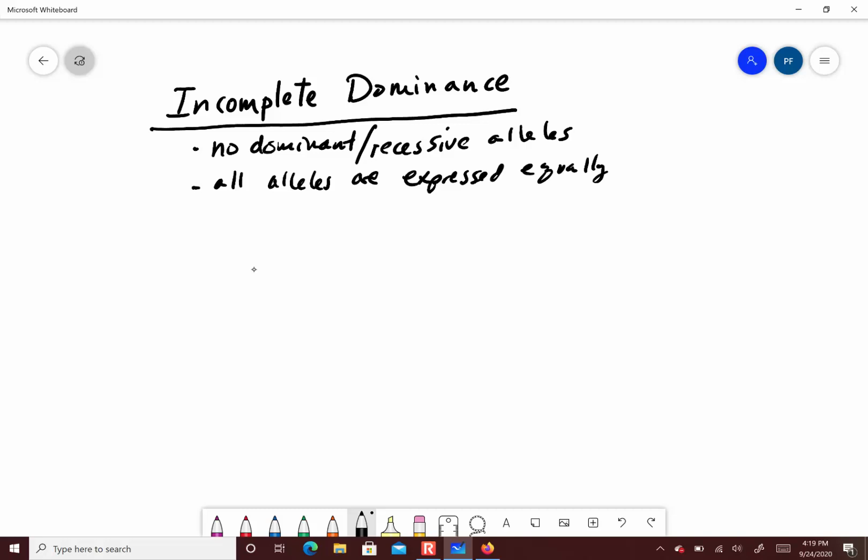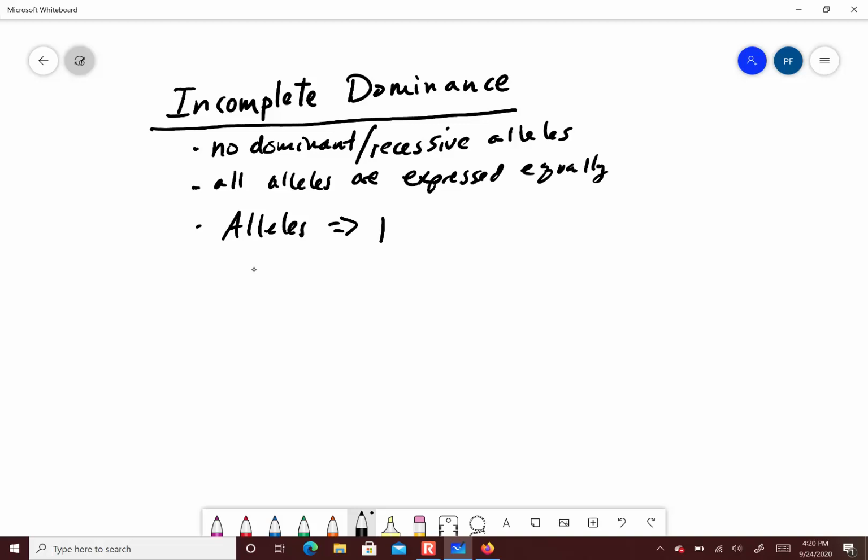And remember, one of the things that's going to look different with this is if we don't have dominant and recessive alleles, we're not going to use big A, little a, right? Because the uppercase, lowercase, we're representing dominant and recessive. So in this case, our alleles are going to be just an uppercase letter, and then there's either going to be a superscript or a subscript.